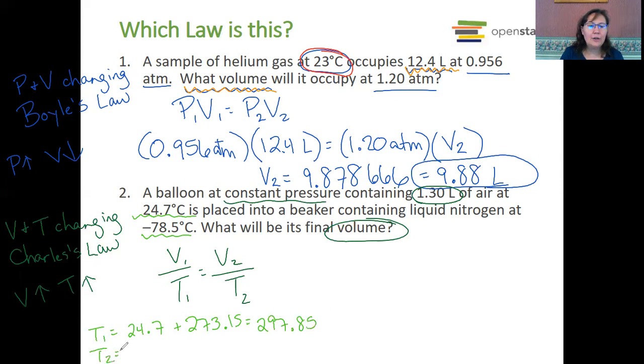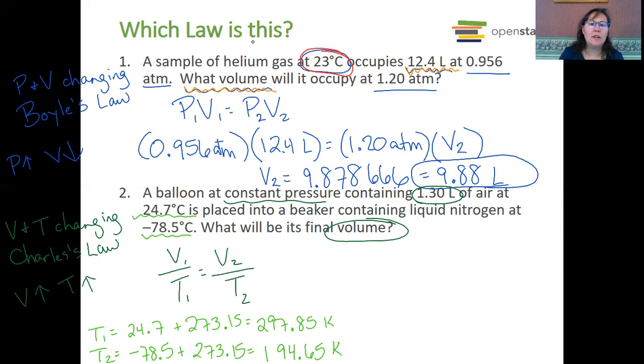And my T2 is equal to 78.5 plus 273.15 equals 194.65, and both of those are Kelvin.